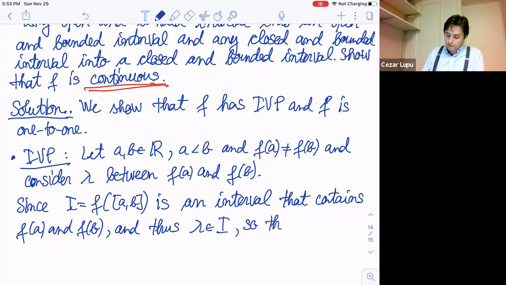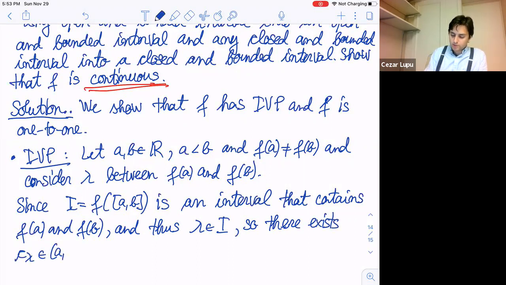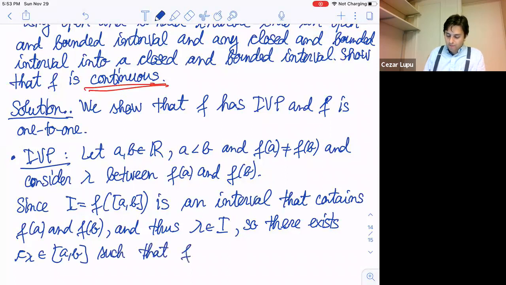So there exists, let's say, a c lambda in [a, b], closed, not open, but we need to take care of the endpoints, such that f of c lambda is the same as lambda, right?